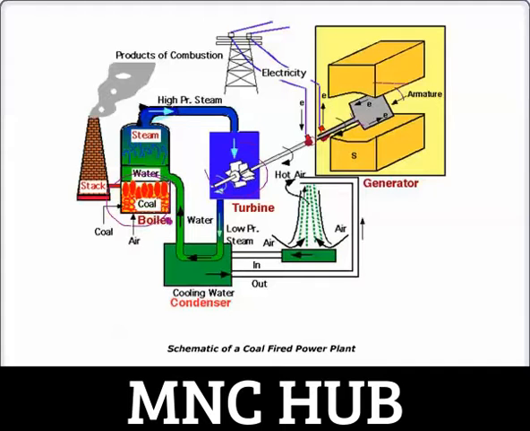So basically a power plant is divided into three components. The first component is the boiler here, which burns the fuel, coal, oil, natural gas, or any fuel, and produces the heat. The water that is going into this boiler boils and becomes steam.